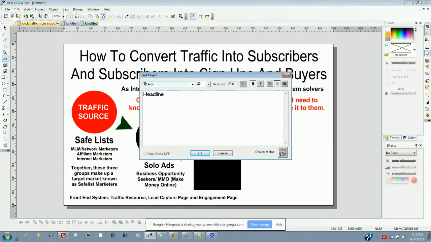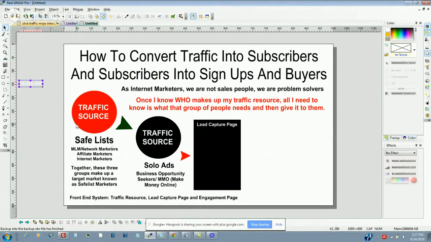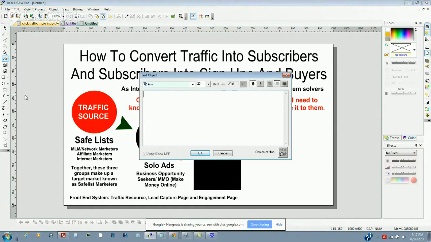I'm going to make that all caps. Then what's called, you know, a subheader or subheadline.